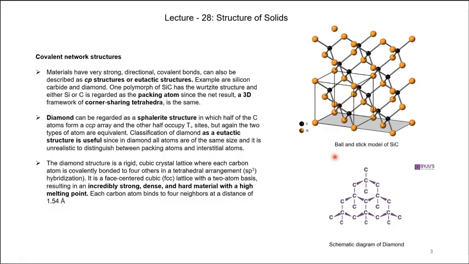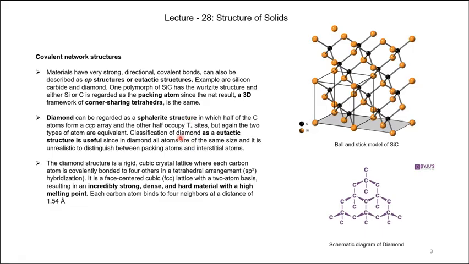And there's another type of structure, we say diamond. Diamond is also regarded as a eutactic structure, in which half the carbon atoms are in a close-packed arrangement and half of the carbon atoms are in tetrahedral sites.